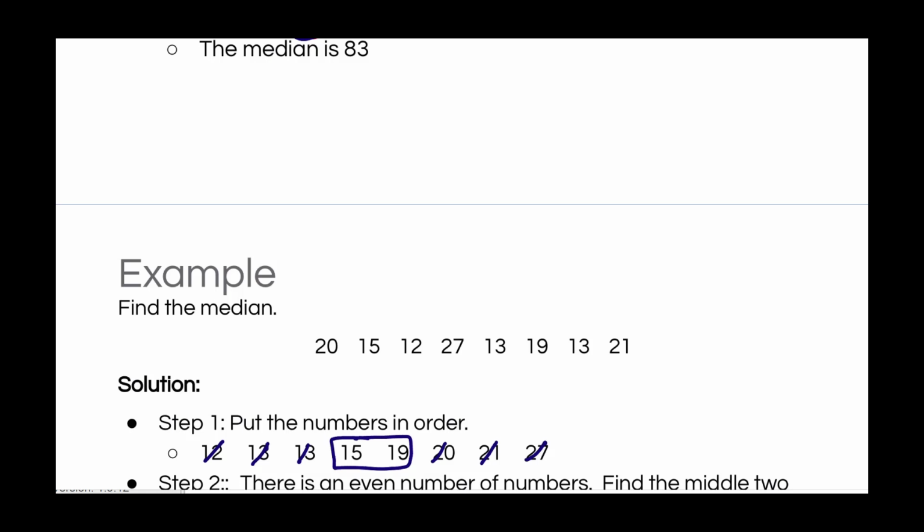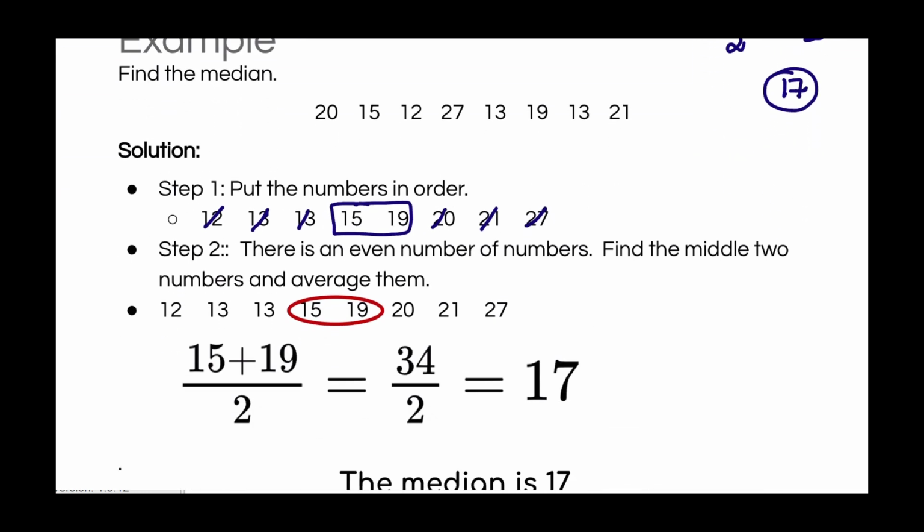So that doesn't mean that you have 2 medians. What you have to do is find the average. So you add 15 plus 19, and you divide by 2 because they're 2 numbers. So that would be 34, I believe, divided by 2, and we get 17. You can see I've got it worked out there as well.